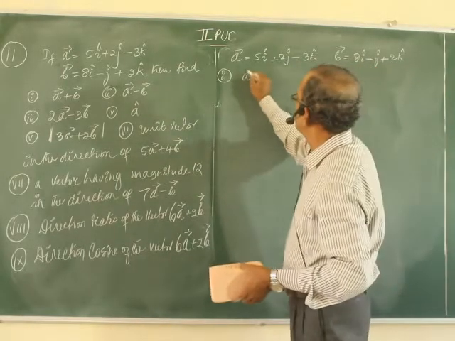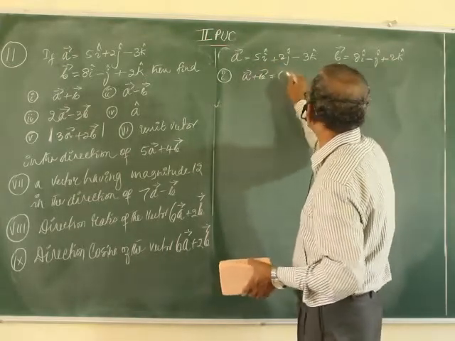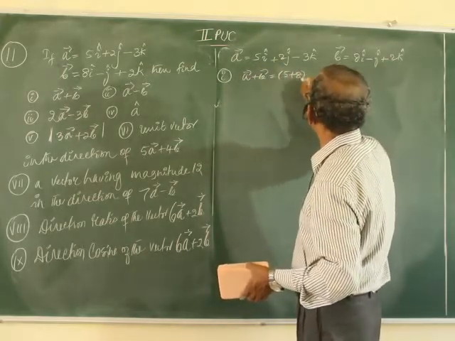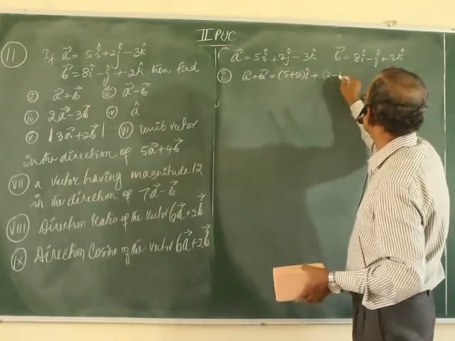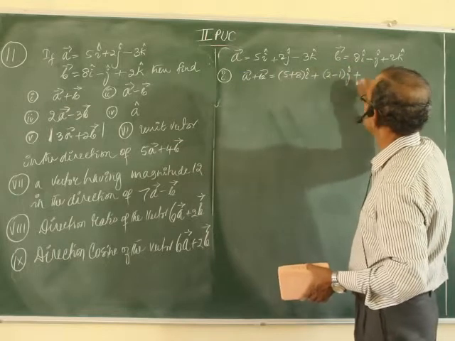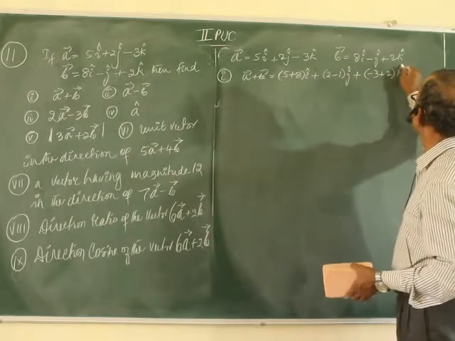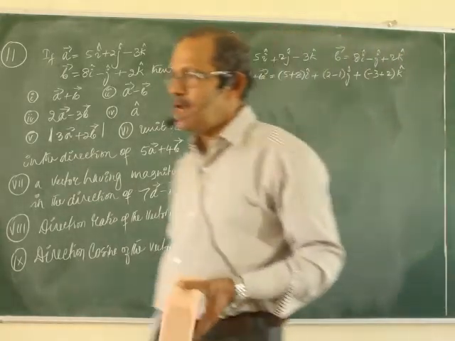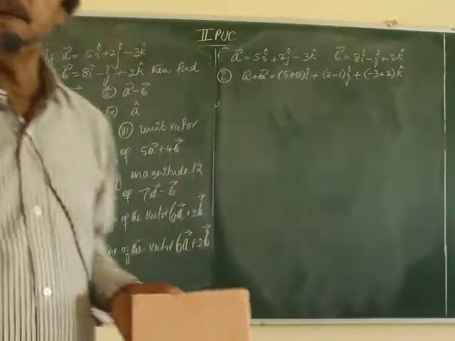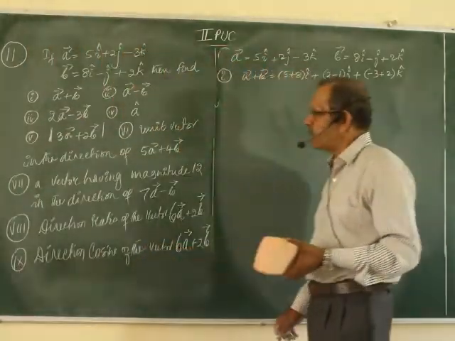a plus b equal to, what you have to do? Adding the coefficients: 5 plus 8 i, 2 minus 1 j, minus 3 plus 2 k. Formula: x1 plus x2 i, y1 plus y2 j, z1 plus z2 k. Properties, you have written 10 properties, no?